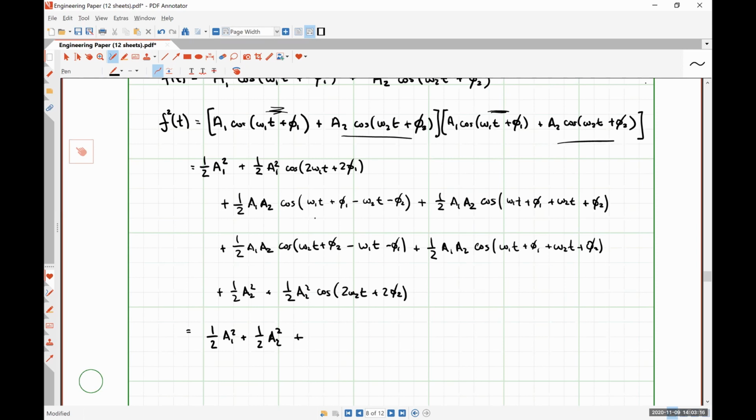Then I have this one right here, which is 1/2 a1 a2 cosine of omega 1 minus omega 2 times t plus phi 1 minus phi 2, plus 1/2 a1 a2 cosine of omega 1 plus omega 2 times t plus phi 1 plus phi 2.